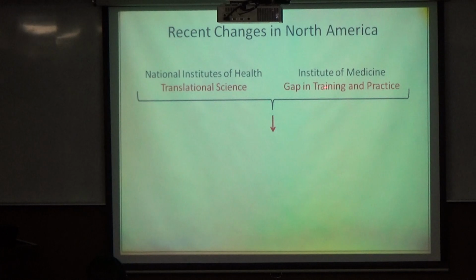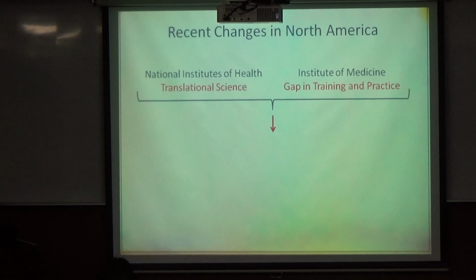In addition to this, the Institute of Medicine, this is where all of the biggest thinkers in medicine are coming together. They've released that report. It's one of the reports that I had earlier on in the slides. They were saying that there's a significant gap between the residents who are graduating and then the physicians who are practicing. And so we need to do something with this gap.